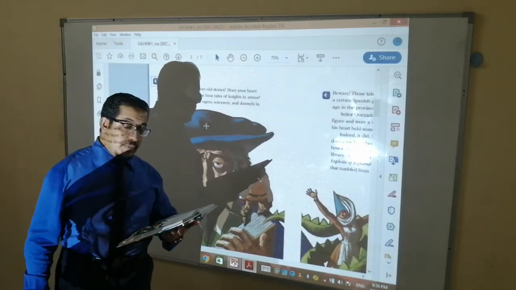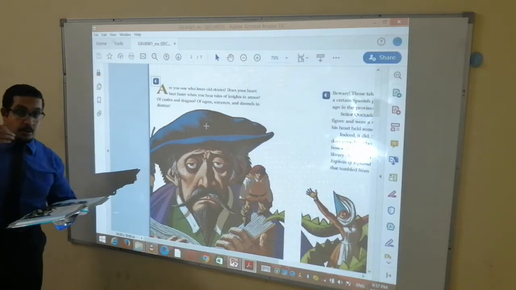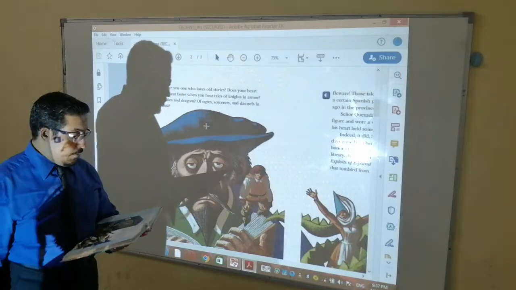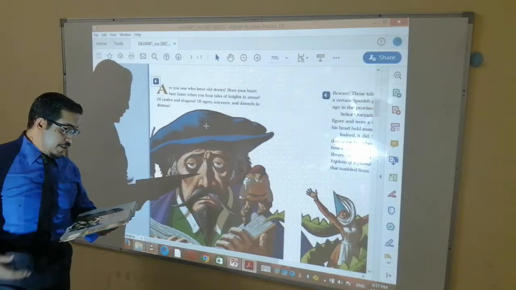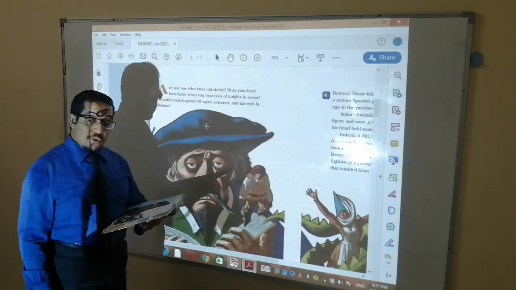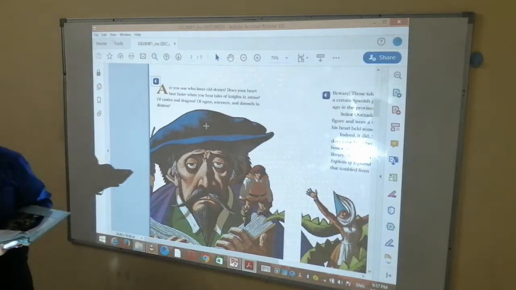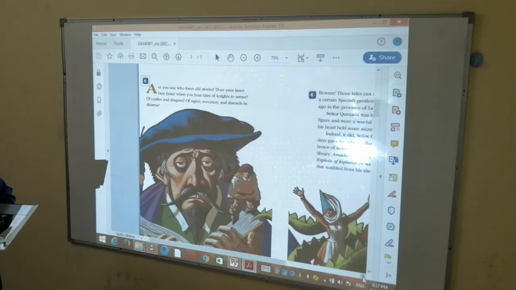Sorcerers means a man or men who have magic power. Damsel, as we explained in the vocabulary, means a young woman who is not married. Now let's move to the next paragraph that we have in this story.